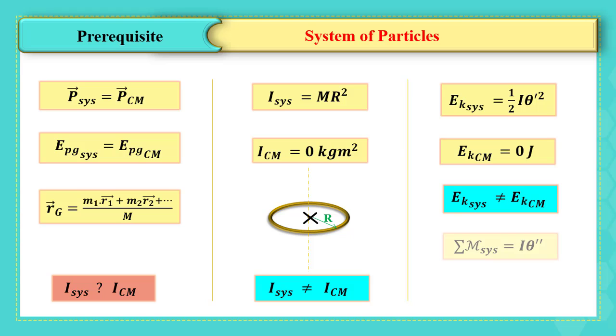In addition, the sum of moments of forces acting on the system, which is I theta double prime, is not equal to that of the center of mass, which is then 0 in our case. As a conclusion, in rotation, we cannot consider the system as a particle confounded to its center of mass in studying the kinetic energy and using Newton's second law in rotation.